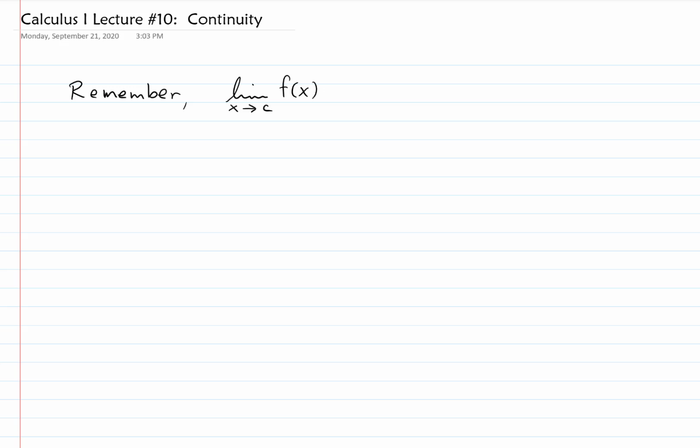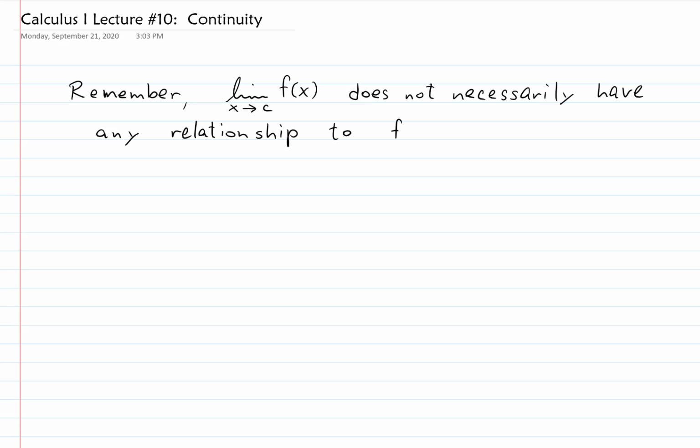It doesn't matter what letter we use. Does not necessarily have any relationship to f of c.